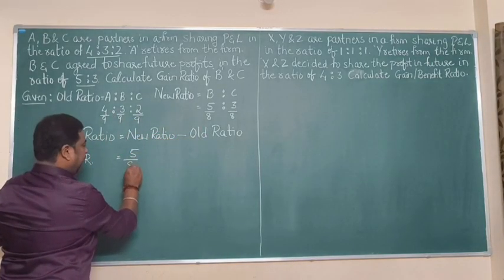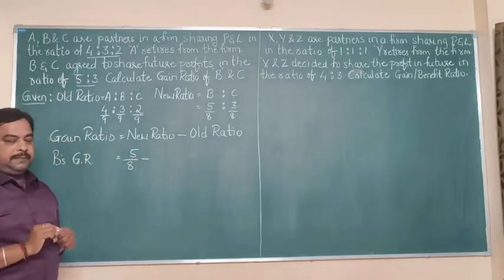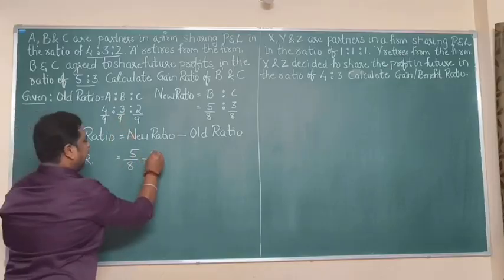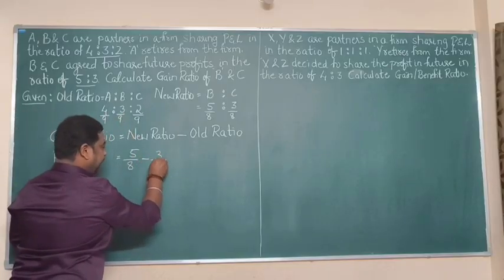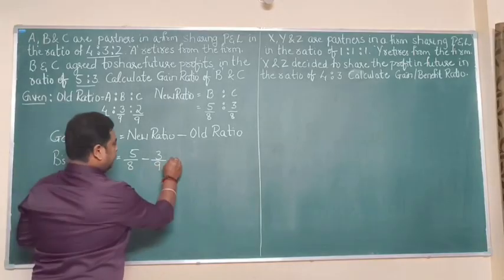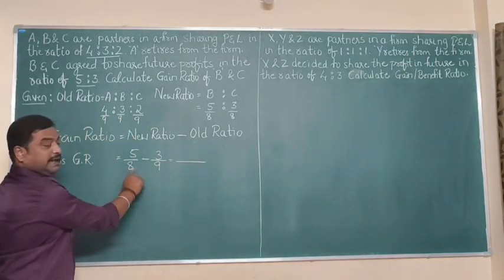B's gain ratio is equal to, what is B's new ratio? It is 5/8 minus old ratio. What is B's old ratio? 3/9. So 5/8 minus 3/9. Now we have to take a common LCM.